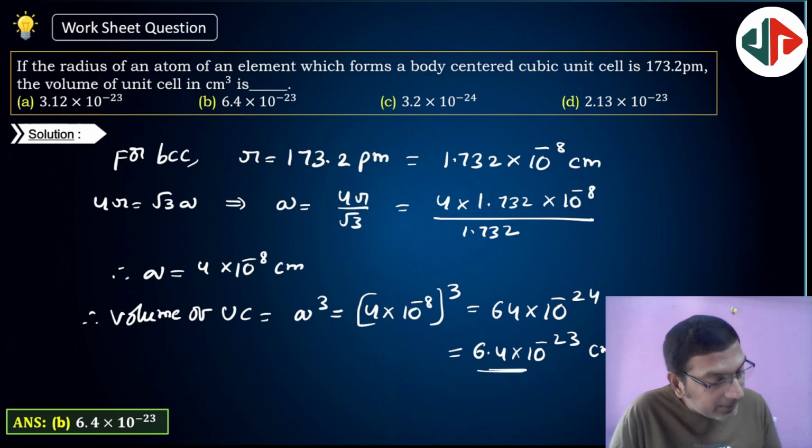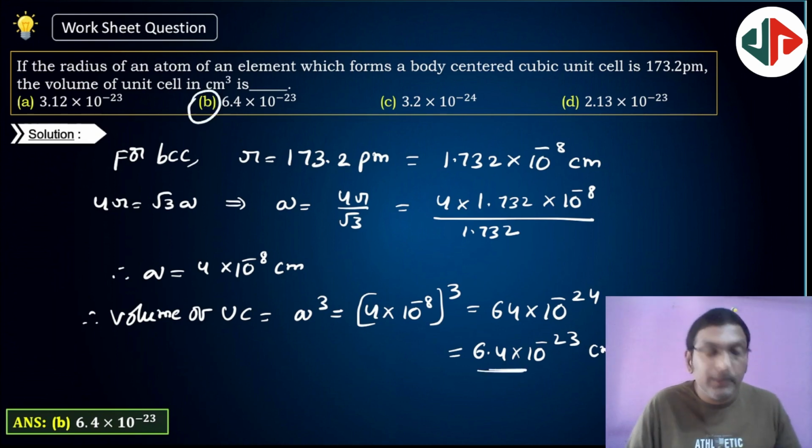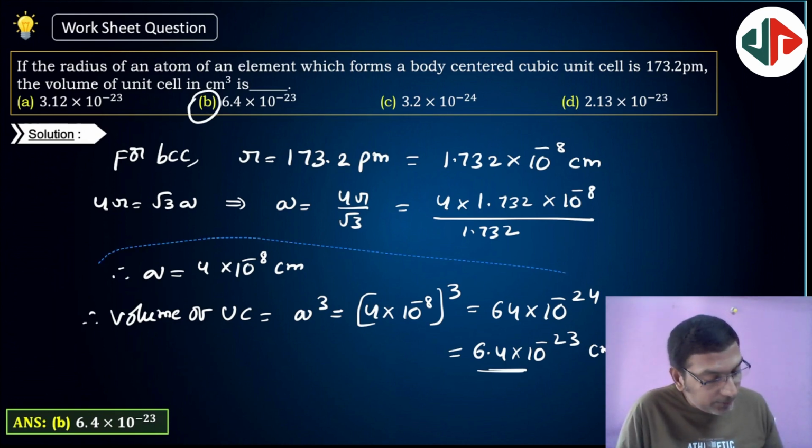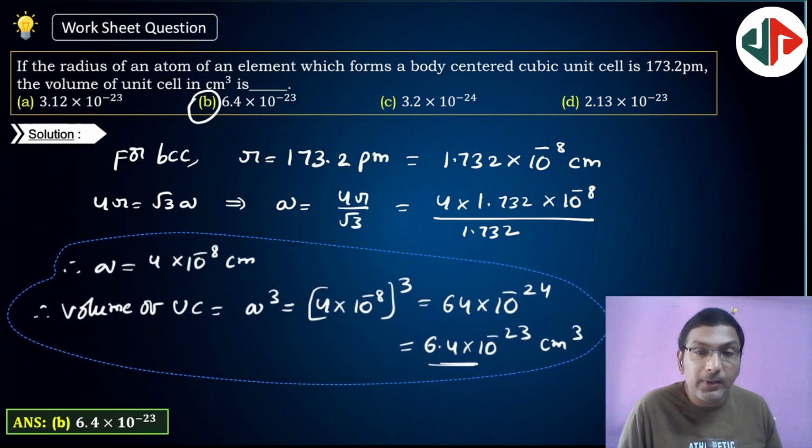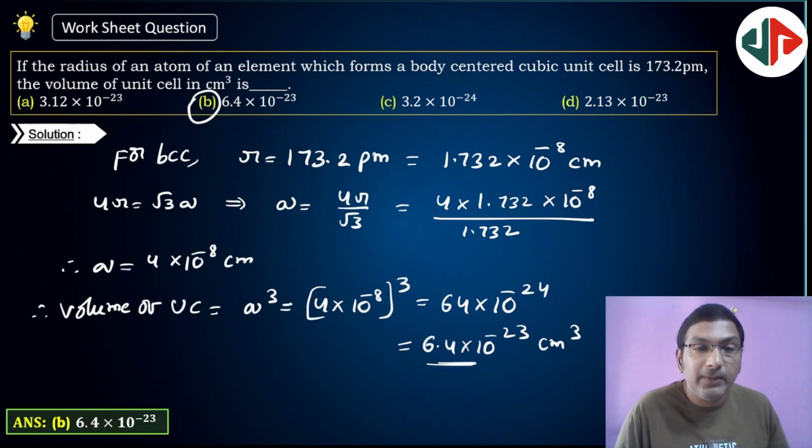Option B. So radius to volume, very, very important. Next.